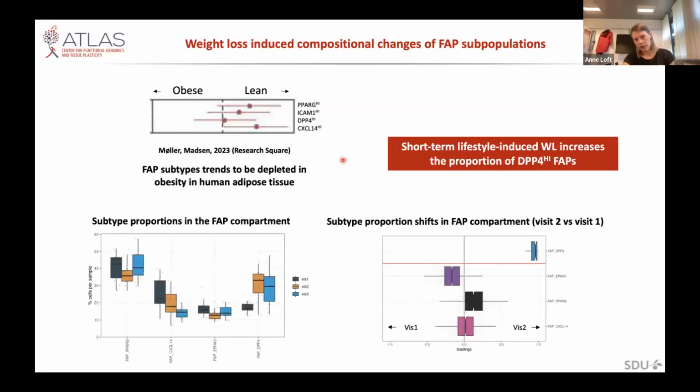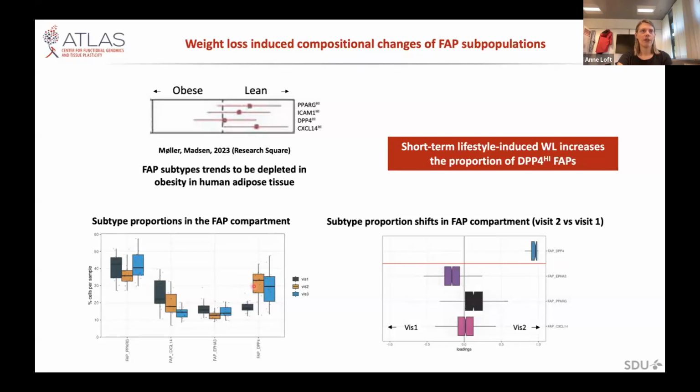When we look at it in response to weight loss, the most significant change is the quite strong induction of this DPP4 fab already in response to the moderate weight loss induced by the diet, and this increase in the fraction lasts all the way through the weight loss period induced by the bariatric surgery.